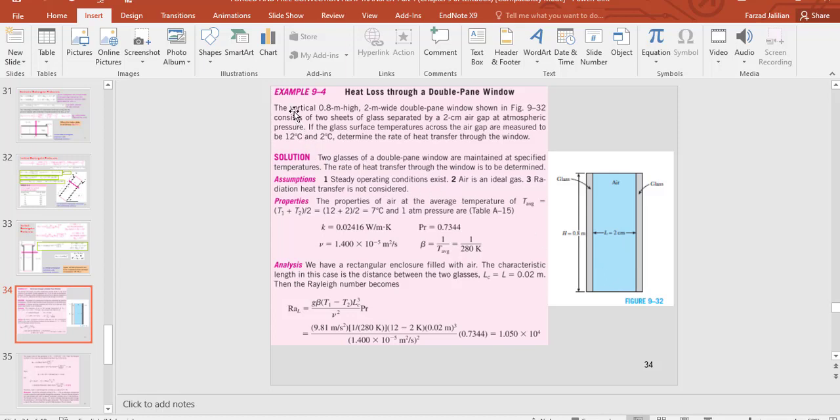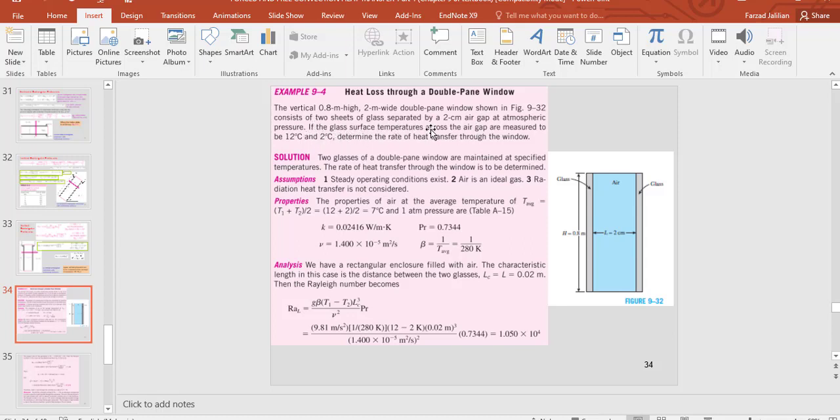Let's see what information we have. The vertical 0.8 meter high, 2 meter wide double pane window shown in this figure consists of 2 sheets of glass separated by a 2 centimeter air gap at atmospheric pressure. So we know the glass, we know the dimensions, and we know the air is between these two surfaces.